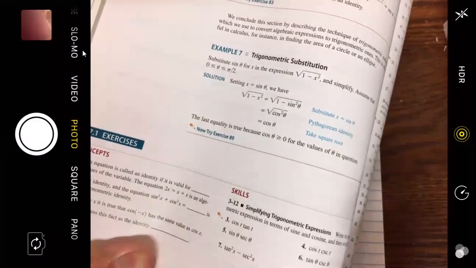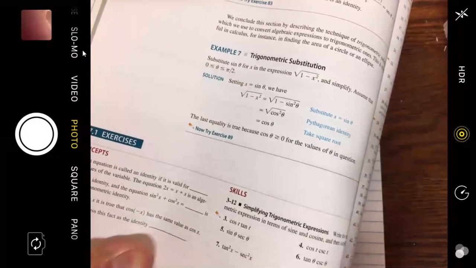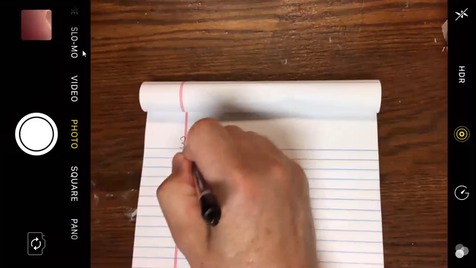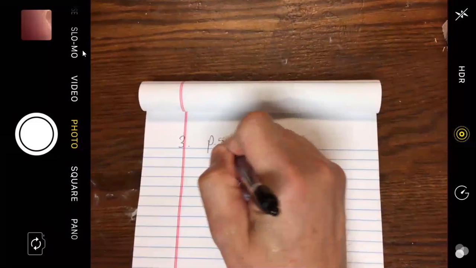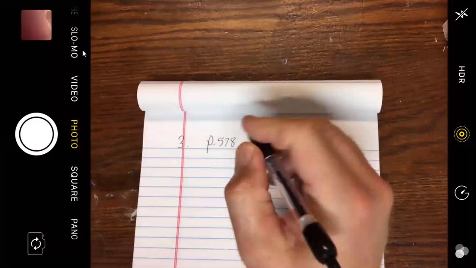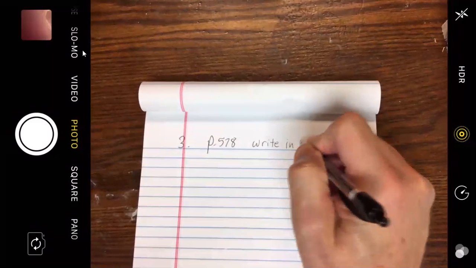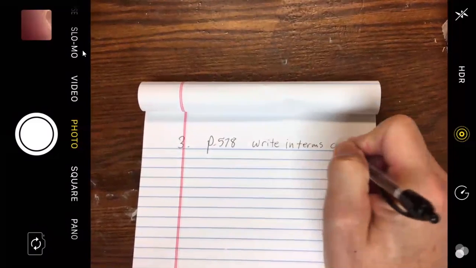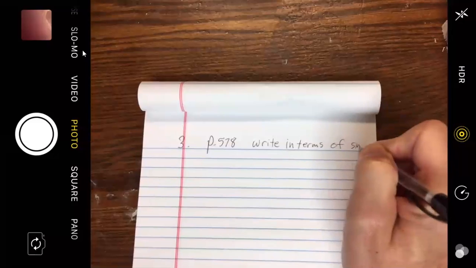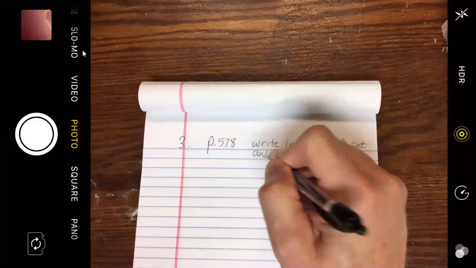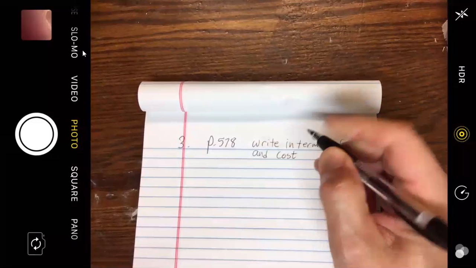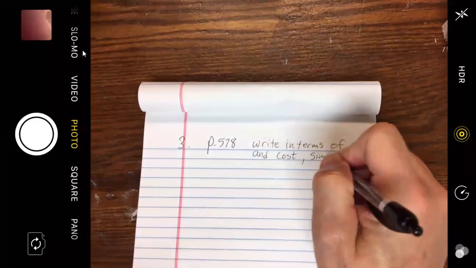The sine and cosine are the absolute fundamentals. Okay, so number 3, page 578: write in terms of sine and cosine. Simplify.